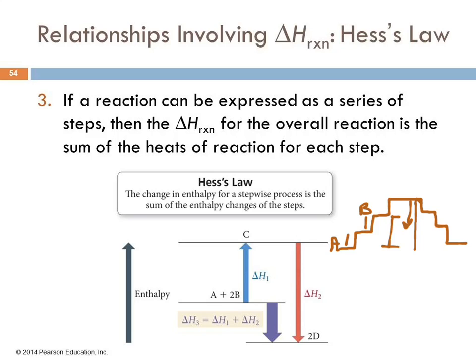This is the idea that we're talking about here. It doesn't matter how far up and back down and maybe multiple steps up and down that you went. You start in one place, you end in one place. The change in height is the same, and it is equal to whatever you did up and down on this silly little staircase. Does that make sense? It wasn't great, but that's what I got today.